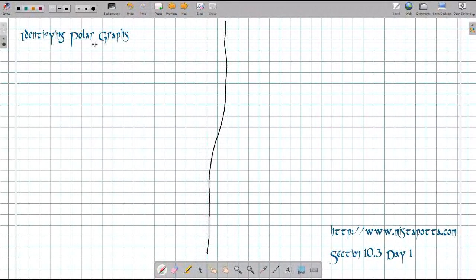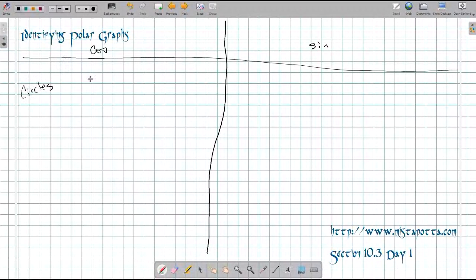So here are my cosine graphs that I'm going to put here. The ones that involve cosine and the ones that involve sine. And so the first ones that I want to talk about are our circles.